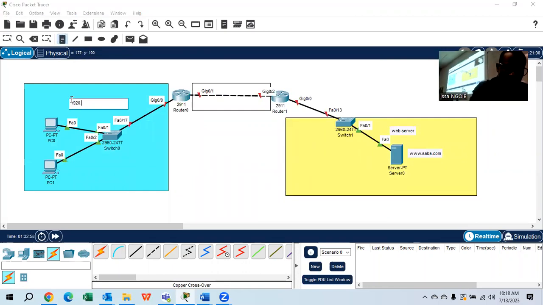There it can be 192.168.1.0/24. There it's going to be 192.168.1.1. This one 192.168.2.0. Yeah, let me keep it straight.